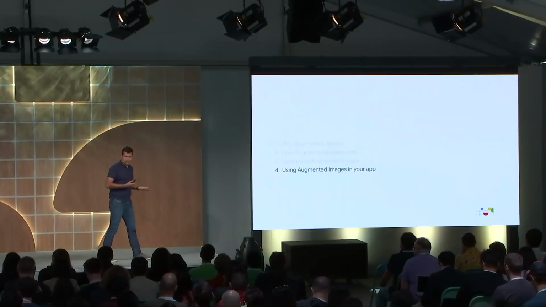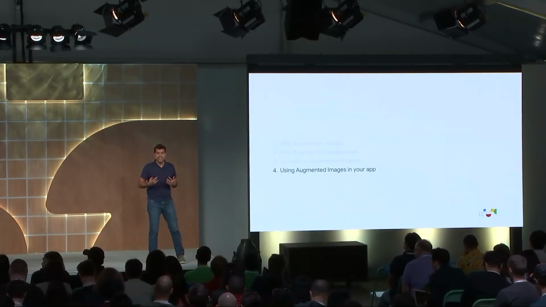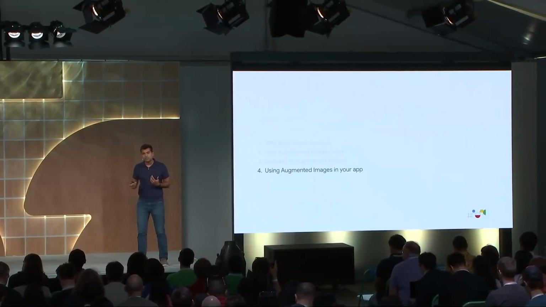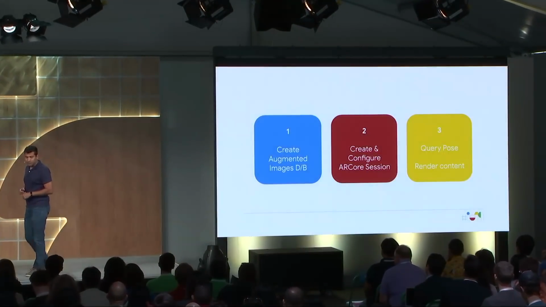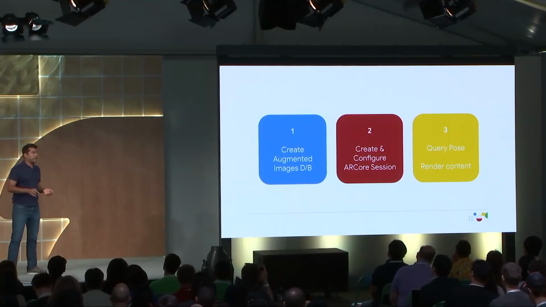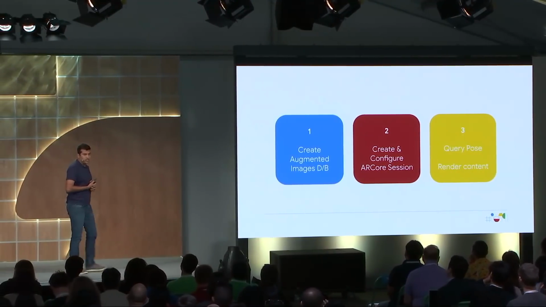Hopefully, all of these examples have sparked some ideas in terms of what you can do with augmented images. Now we'll spend the next few minutes talking about how you actually take augmented images and put them as part of your own app. There are 3 steps at a high level to create an augmented images app.